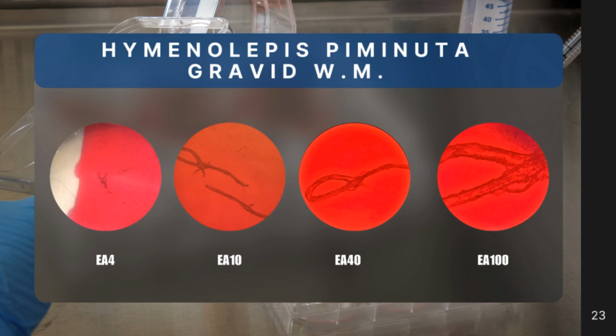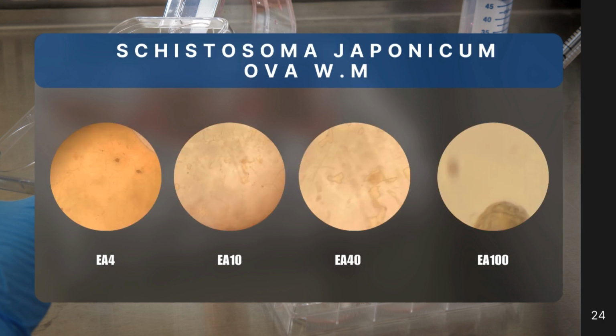The next specimen, or the last specimen in parasitology, is Schistosoma japonicum WM. It is a species of parasitic flatworm that causes schistosomiasis in humans. The term ova refers to the eggs of the parasite.